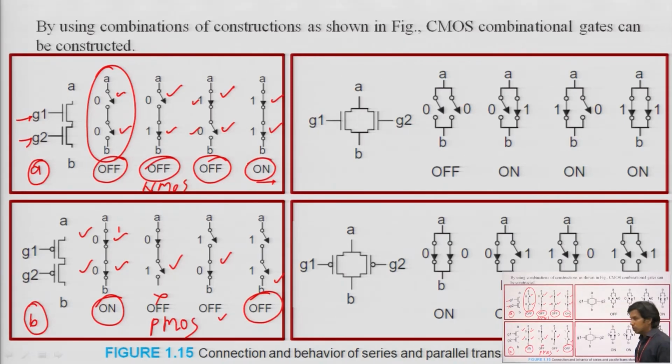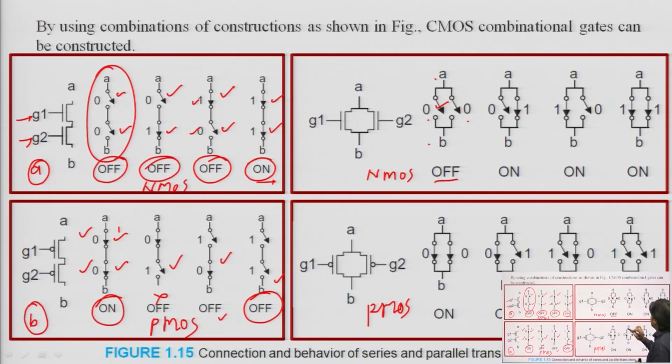No output means 0. Now, in case of parallel, again this one is for NMOS and this one is for PMOS. So, in that one you can see that from A to B we have to observe. If both inputs are 0, that means NMOS will have switch off condition and no output, means off.